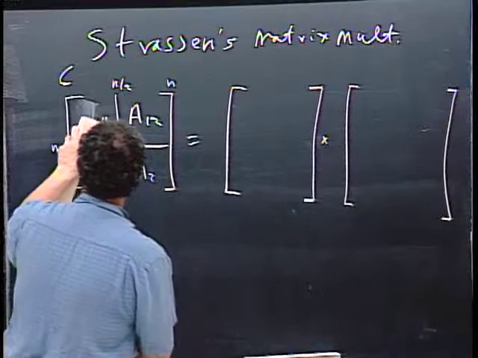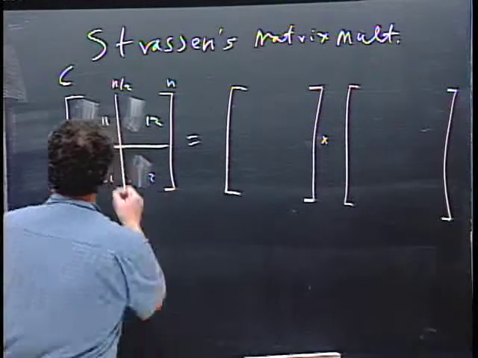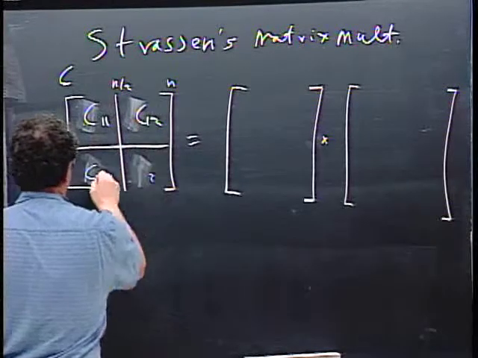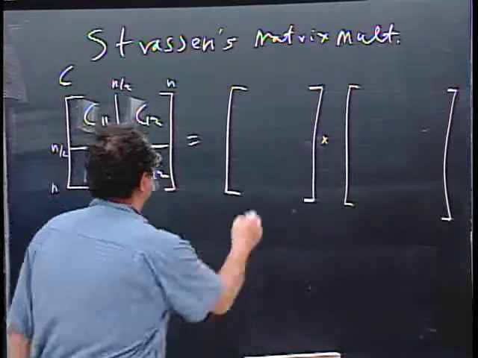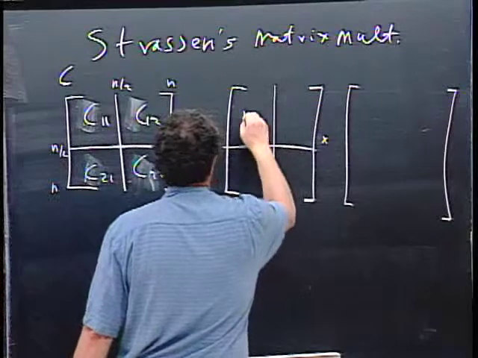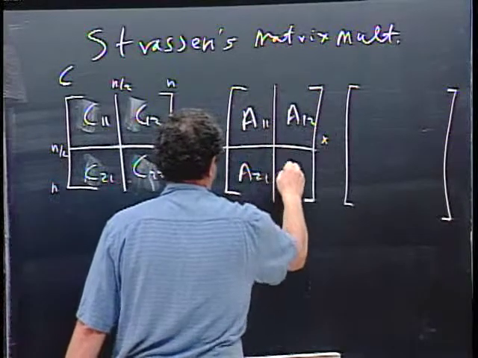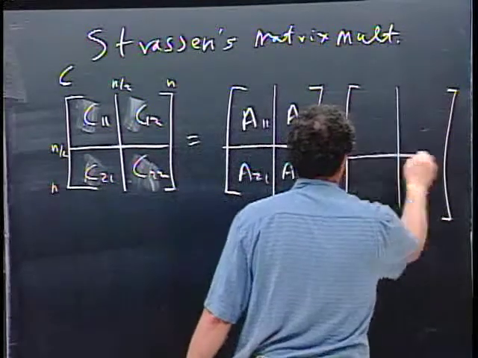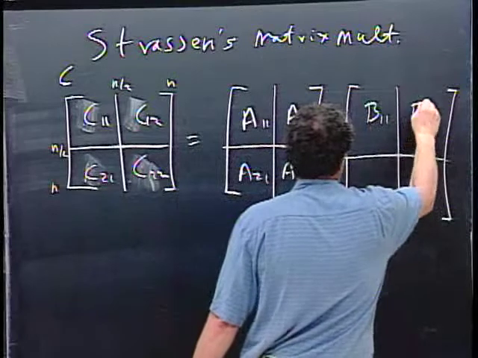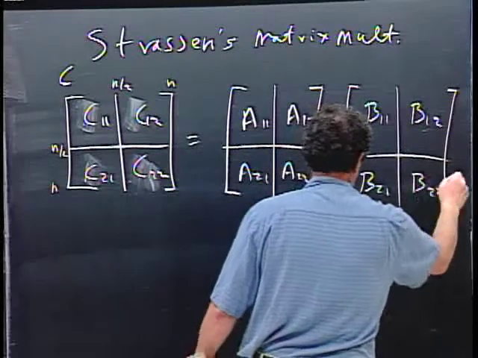This is C. This is C11, C12, C21, and C22. Here is A11, A12, A21, A22, and then B11, B12, B21, B22.